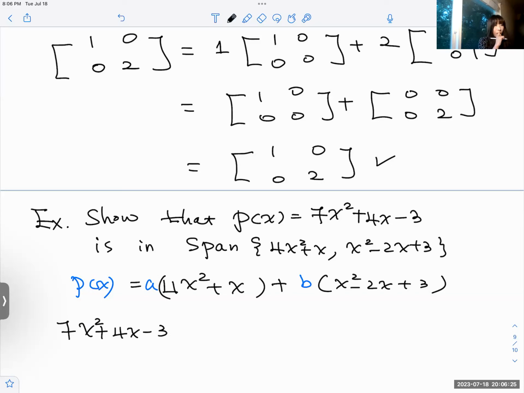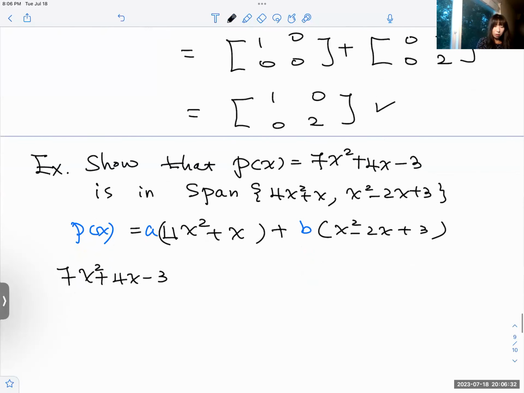Okay, now we have 4a, we distribute to 4ax squared plus ax, right? And plus bx squared minus 2bx plus 3b, please fix me if I make a mistake.